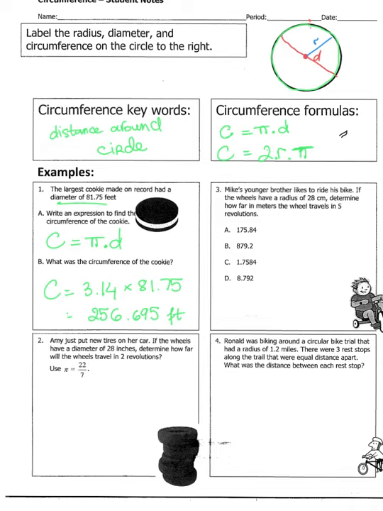Number 2, Amy just put new tires on her car. If the wheel has a diameter of 28 inches, determine how far the wheel will travel in 2 revolutions. So one revolution is equivalent to one circumference.